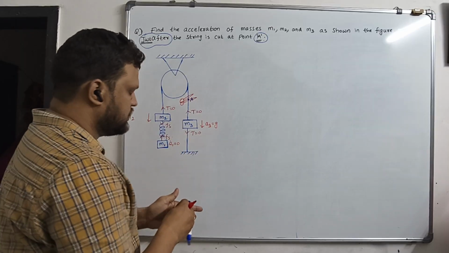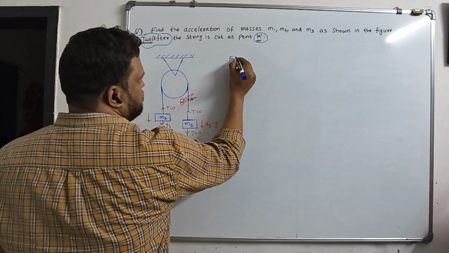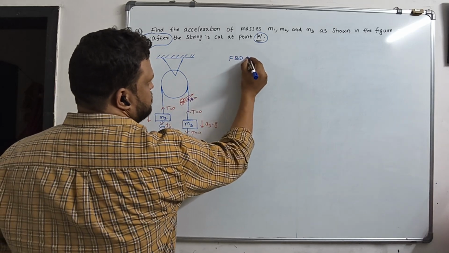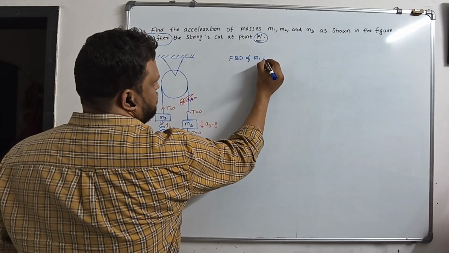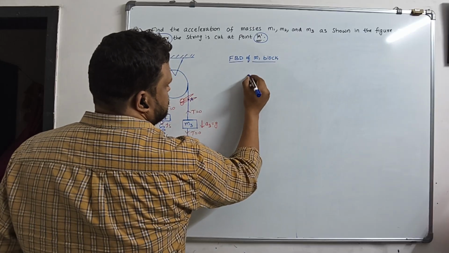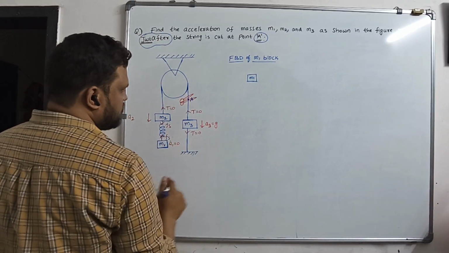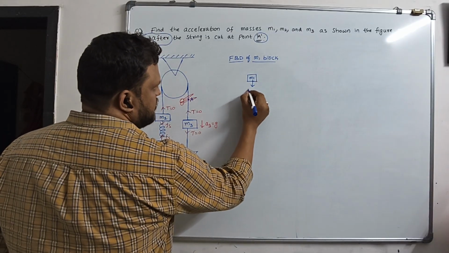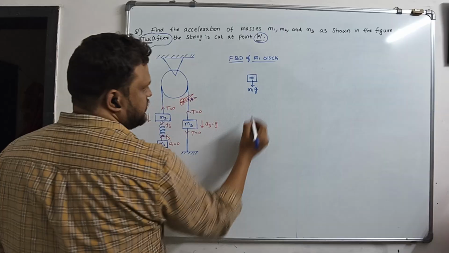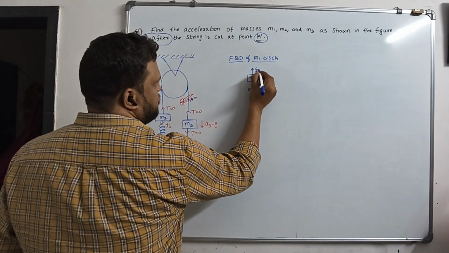Now let us take the free body diagram of all the individual blocks. First I am taking the free body diagram of the M1 block. The free body diagram of the M1 block looks like this. This block, due to acceleration due to gravity, has a weight M1 times g, and also the spring force Fs.